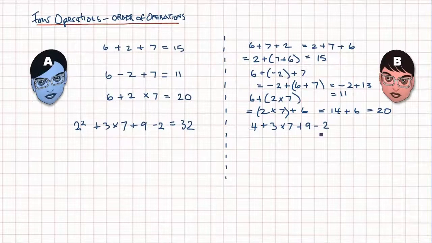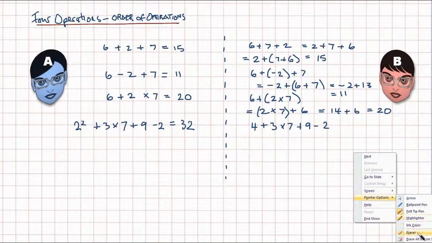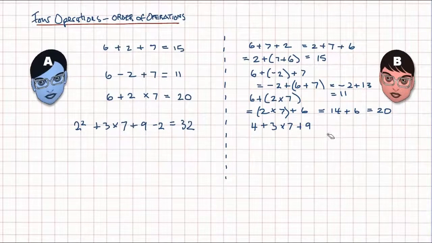So 2 potential problems here. One is this multiplication that we need to deal with, and the other is this subtraction. We can immediately sort the subtraction out so that we don't get confused by saying that's the same as plus negative 2. And we can sort the multiplication out by bracketing that off so that we deal with it first.